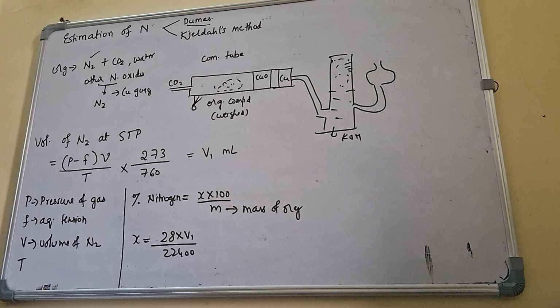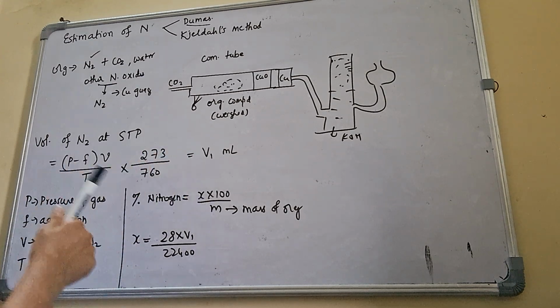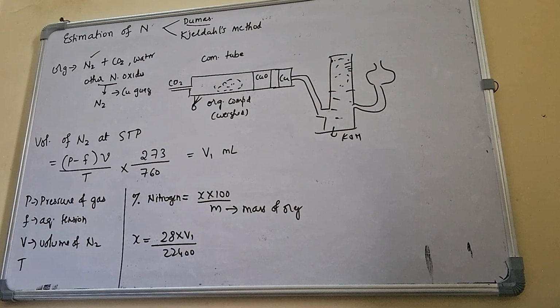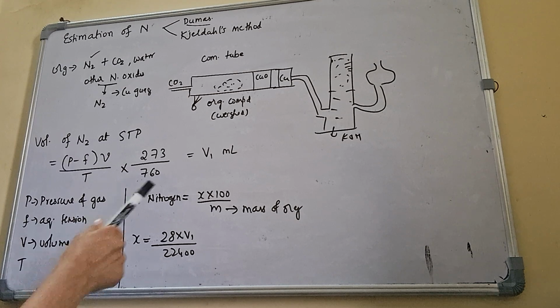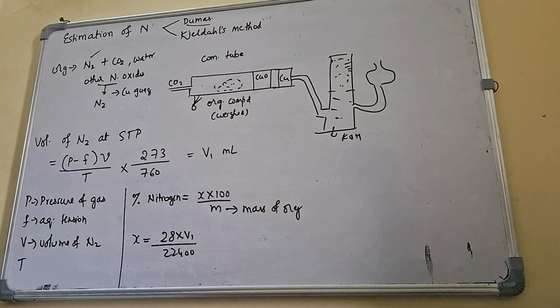V1 will occupy how much mass? That is the logic you are using, and then you convert it into percentage. So X is 28 into V1 divided by 22,400, because our V1 is in ml, so this will also be in ml. And once you get X, you can use X into 100 by m.